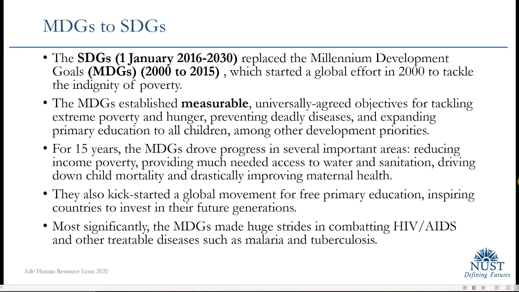The best thing about these goals is that everybody has to follow the same goals. You can follow different strategies to achieve the same goal, but more than 150 countries, I think 180, signed the Millennium Development Goals.